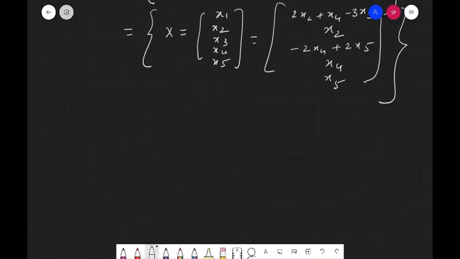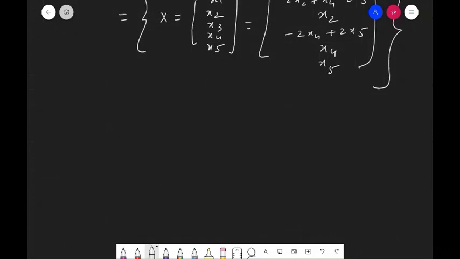So this is nothing but, you can write this one as, because here how many parameters do I have? x2, x4, x5. So I will take x2 common. If I take x2 common, I can write it as 2 here, and in the second row 1. There is no x2 in the third, so it is 0. There is no x2 in the fourth row, 0. Fifth row also x2 is not there.